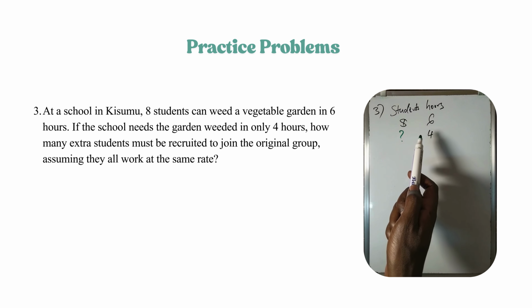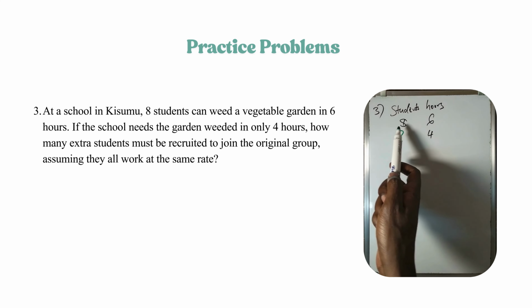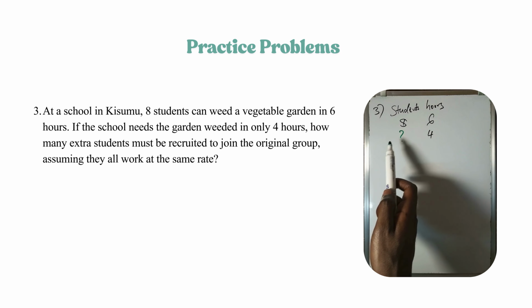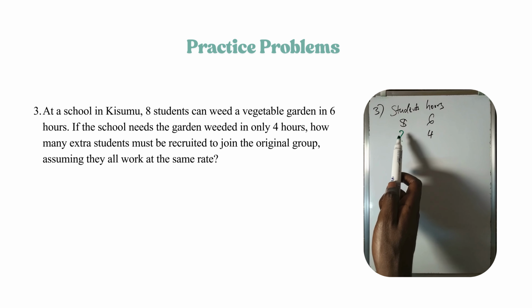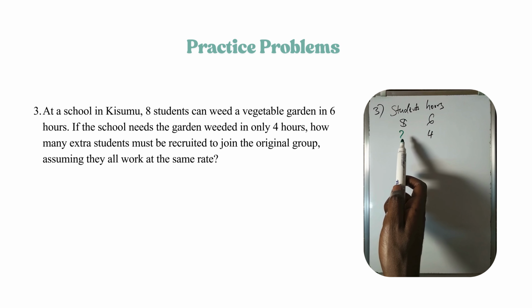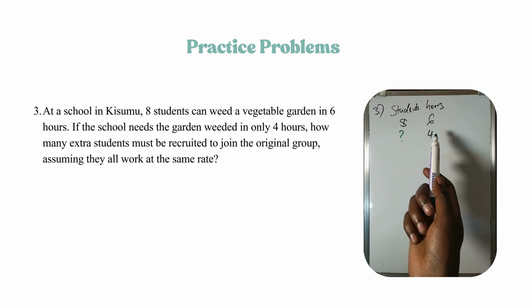What about 4 hours? If 8 students take 6 hours, for the work to be completed in 4 hours, do we need more students or fewer students? The answer is we need more students. We need more students to take fewer hours.